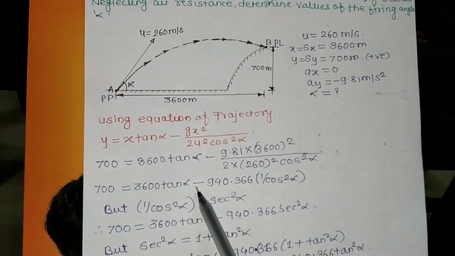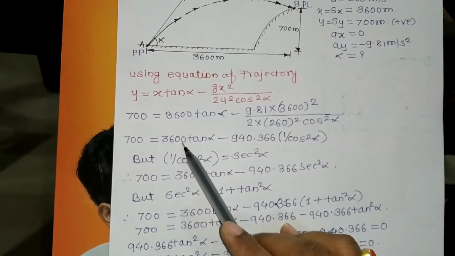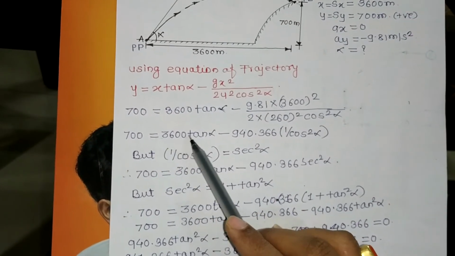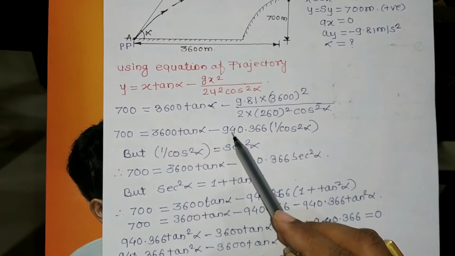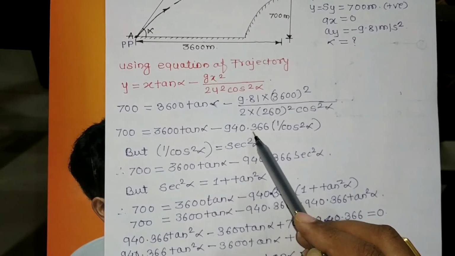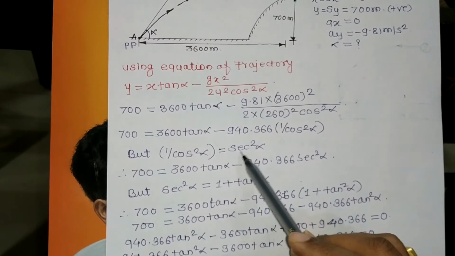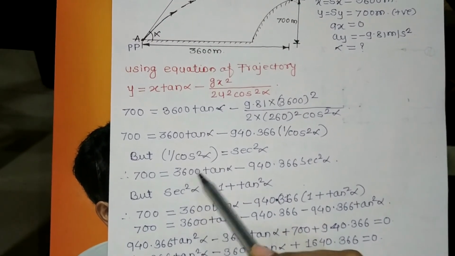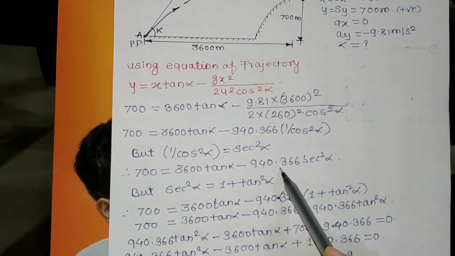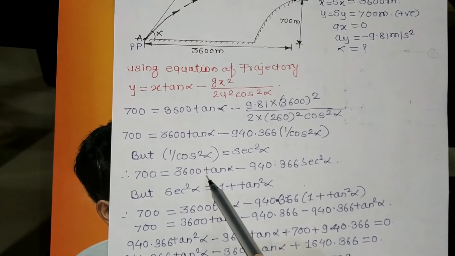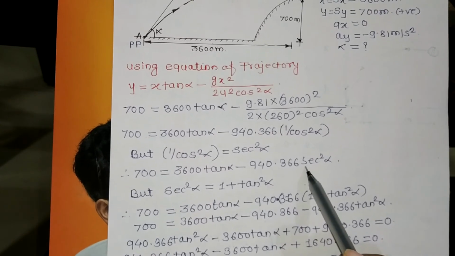By solving this equation, we get another equation in the form of 700 equals 3600 tan alpha minus 1 upon cos square alpha into 940.366. Now, as we know that 1 upon cos square alpha is nothing but sec square alpha, we can write this equation as 700 equals 3600 tan alpha minus 940.366 sec square alpha.